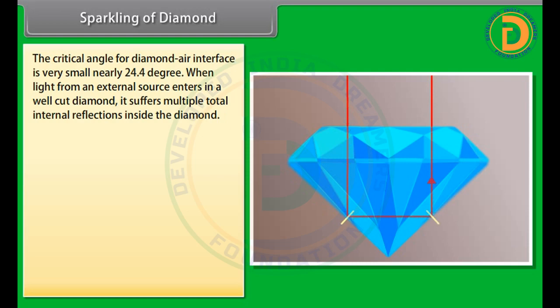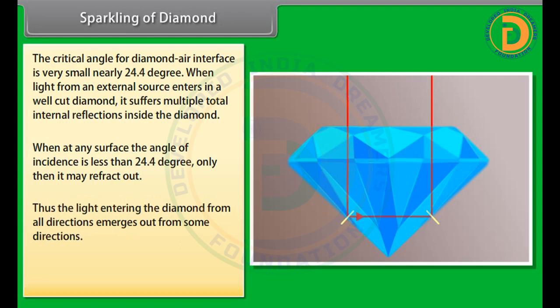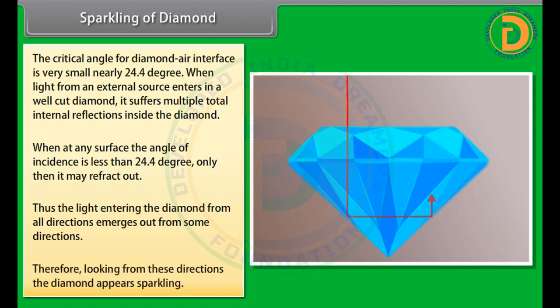When light from an external source enters a well-cut diamond, it suffers multiple total internal reflections inside the diamond. Only when the angle of incidence at any surface is less than 24.4 degrees may it refract out. Thus, the light entering the diamond from all directions emerges out from some directions. Therefore, looking from these directions, the diamond appears sparkling.